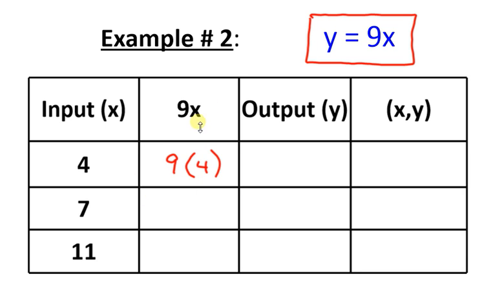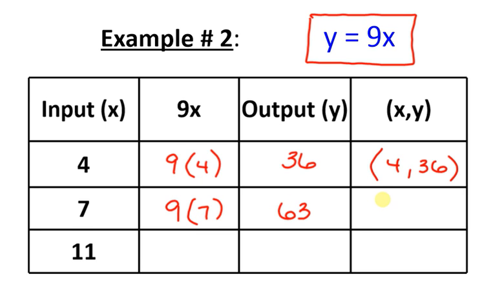This column here is really where you're showing your work. 9 times 4 is 36. Your x is 4, and your y, your output, is 36. Let's try the next line. 9 times, what's our x this time? 7. 9 times 7 is 63. So our x is 7, and our y is 63.